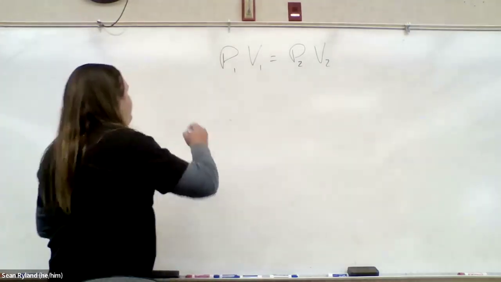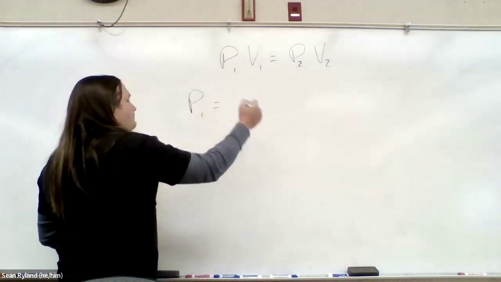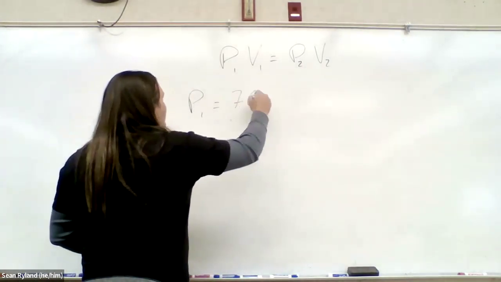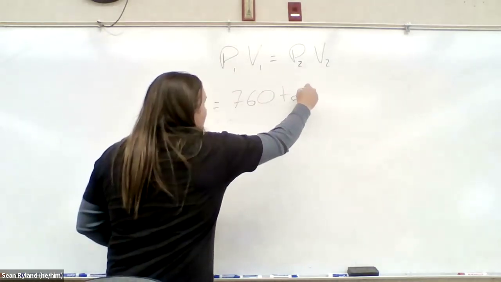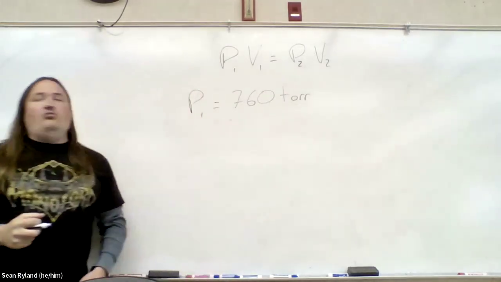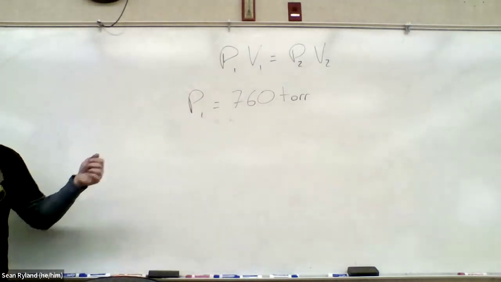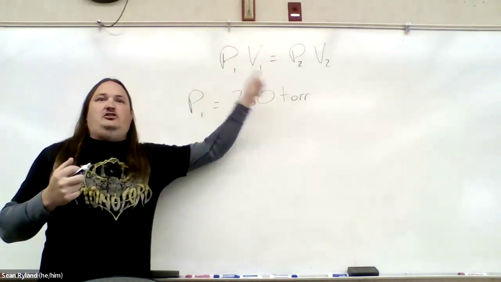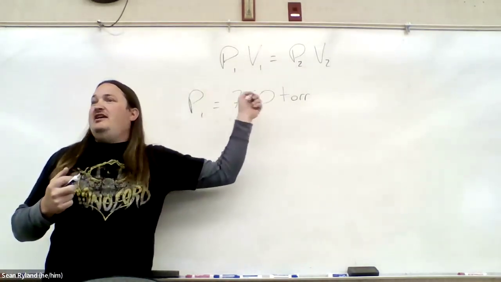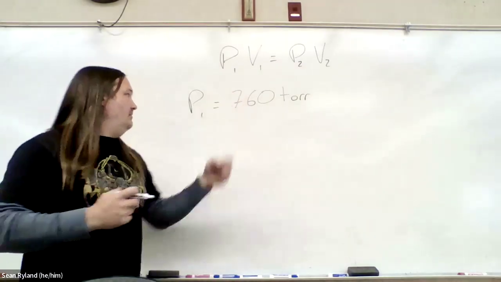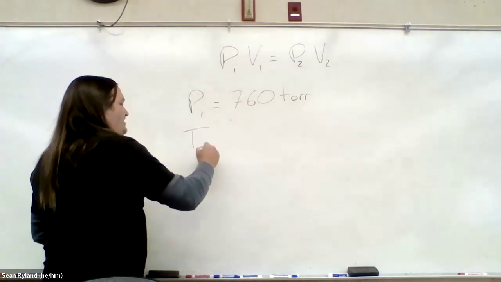So what's P1? 760 torr. Really the trickiest thing about this sometimes is figuring out what units go with what variable. But as long as you're paying attention to units and you know that P is pressure and that torr is a pressure unit, it's pretty easy to figure out what goes where. What's T1?